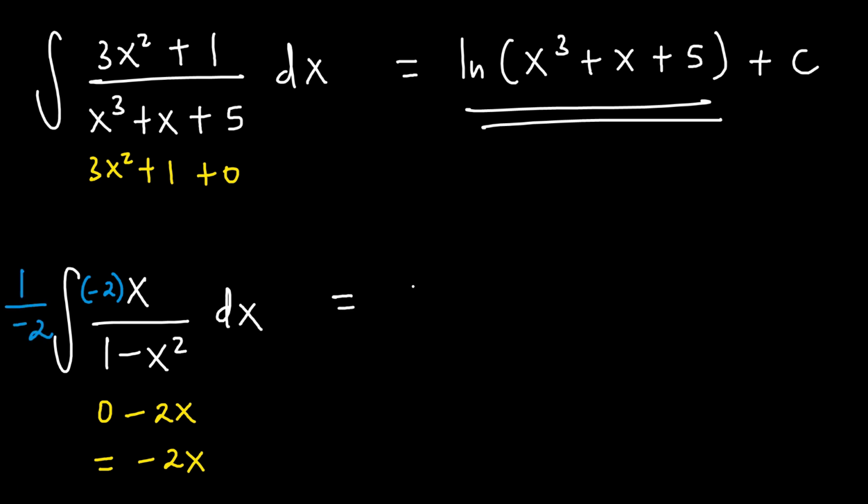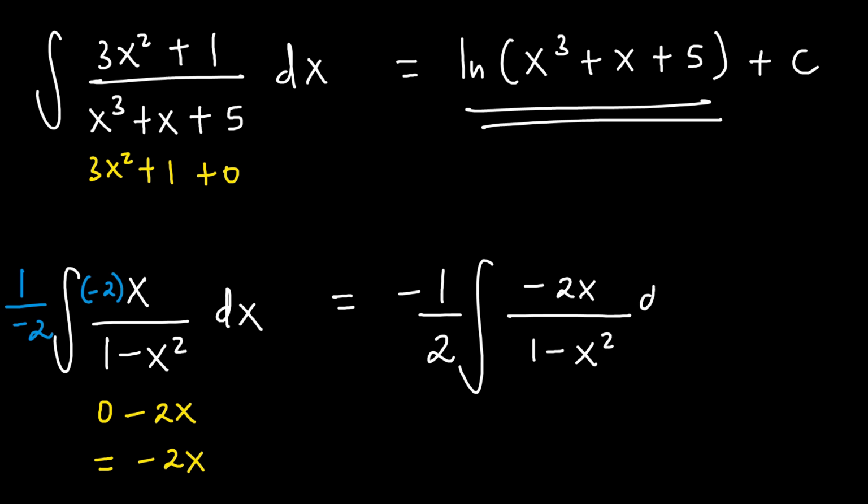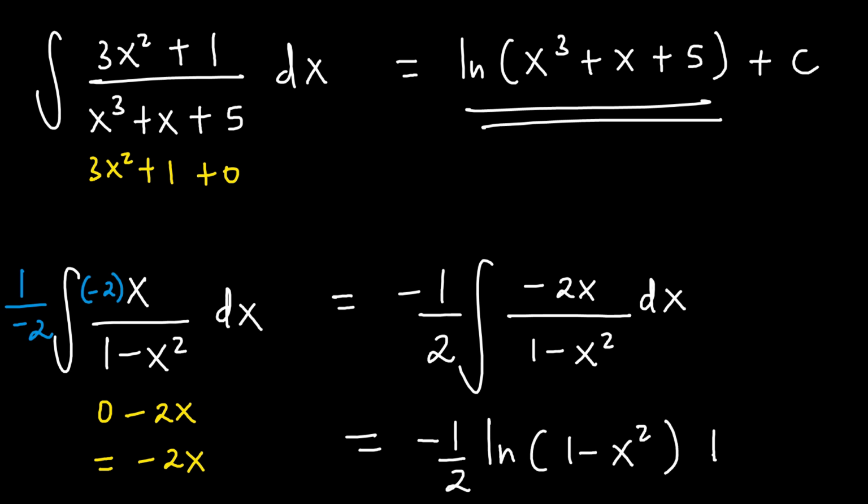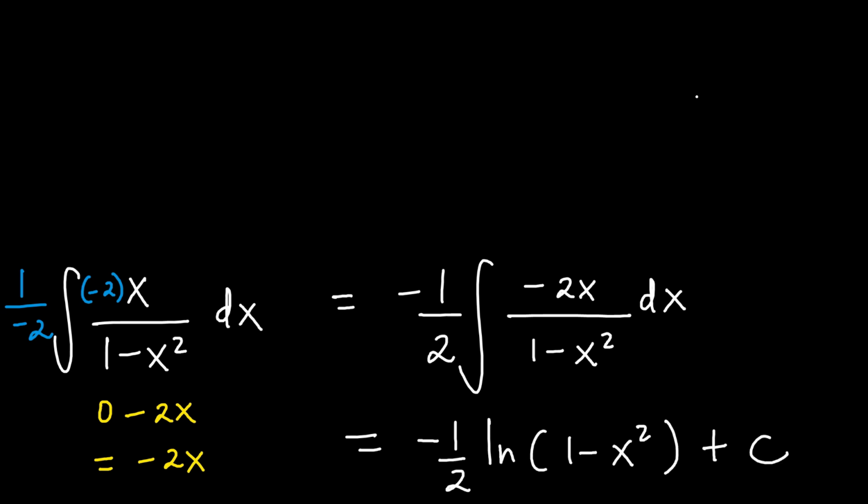So this will be equal to negative 1 divided by 2 times the integral of negative 2x divided by 1 minus x to the power of 2 dx. And at this point, the numerator is the derivative of the denominator. So the answer will be negative 1 divided by 2 times natural log of 1 minus x to the power of 2 plus c.